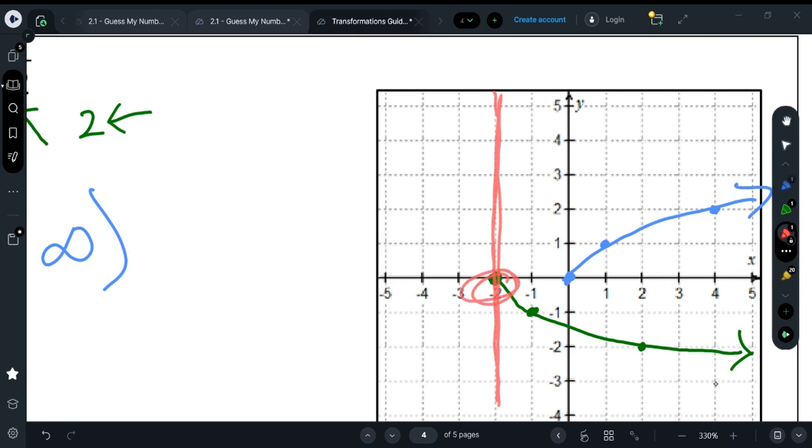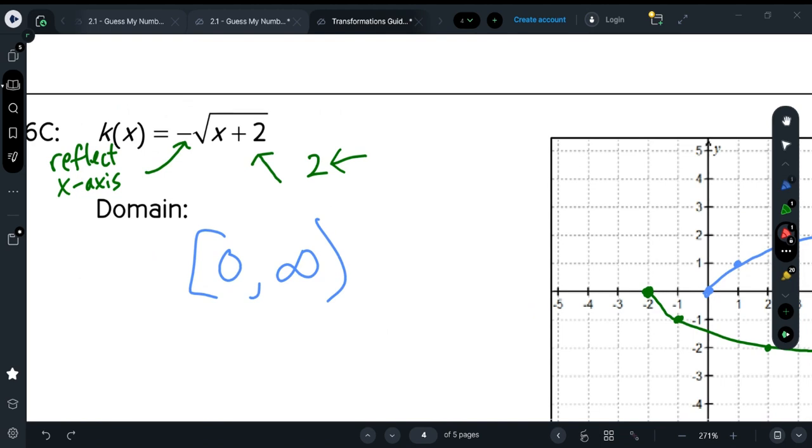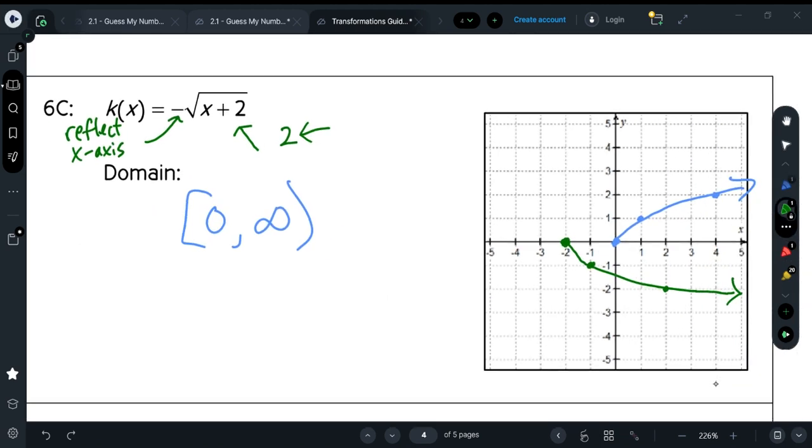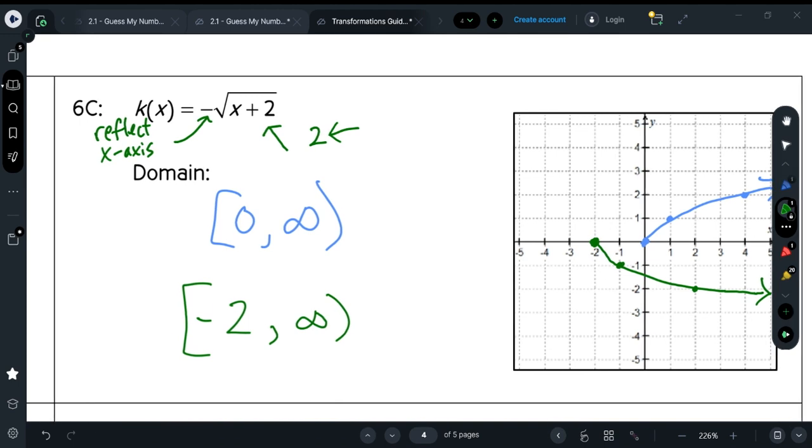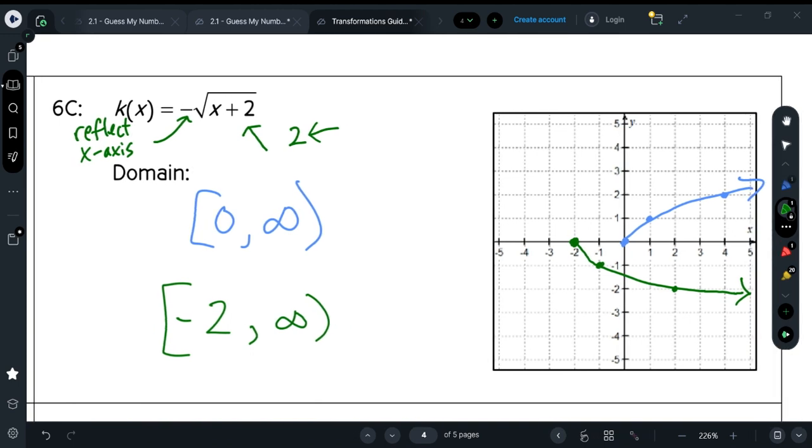It's -2, right? -2. So -2 is going to be the lowest x value, or in other words, our furthest point to the left. And then to the right, hey, look, the arrow means it goes on forever. So it's still going out to infinity. Infinity gets parenthesis. The -2 gets a square bracket because it's an included value. The graph actually touches -2. And hey, there we're done with example 6.